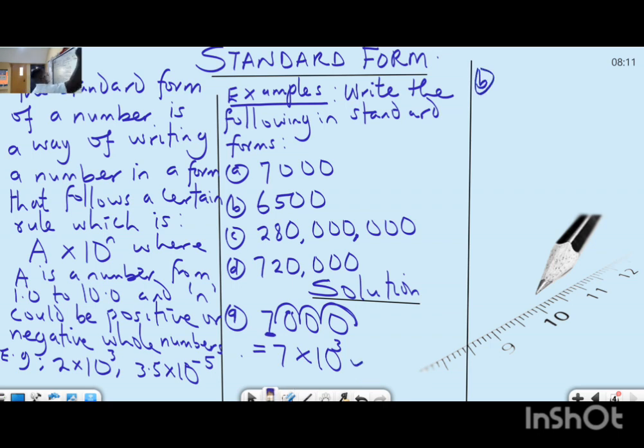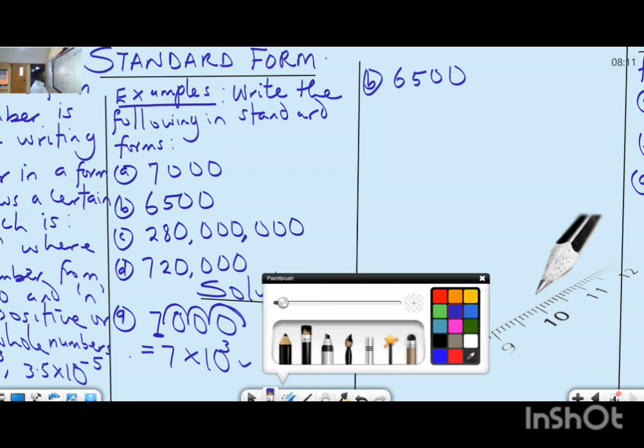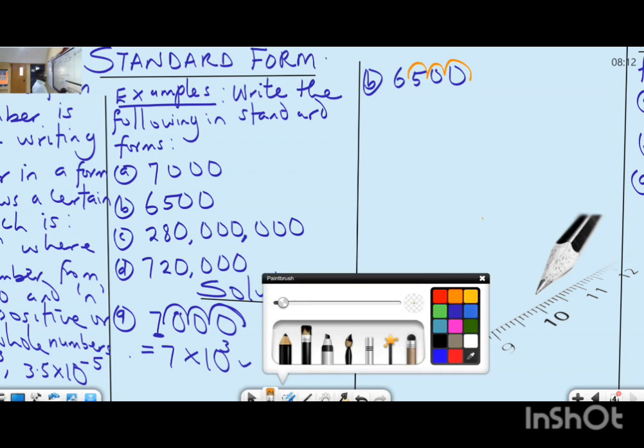So the second one we have 6,500. Our target should always be to move to the left before the first significant figure. So when we move this, we have 1, 2, 3. We move 3 times, and before the first significant figure, you stop.